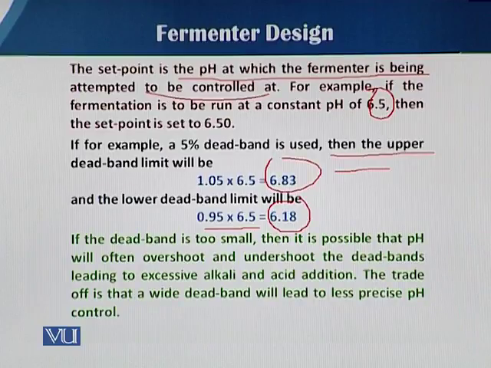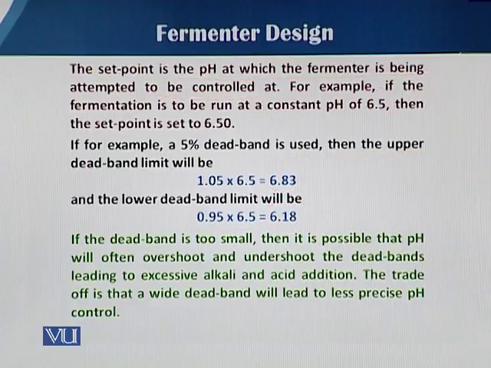If it touches 6.83, then the acid pump will be switched on, and if the pH touches 6.18, then there will be a signal to the alkali pump. So this is the calculation of the upper band and the lower band, and it depends directly on the dead band which we decide before controlling or optimizing our processes.